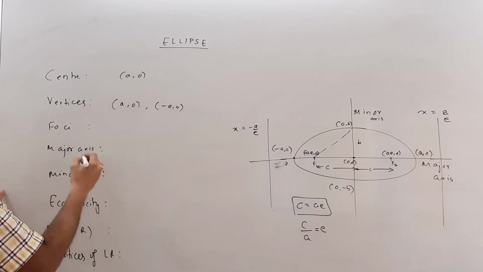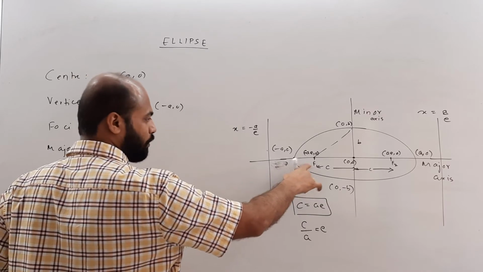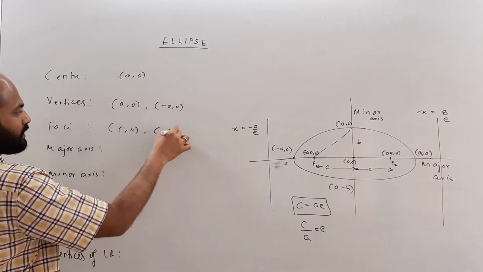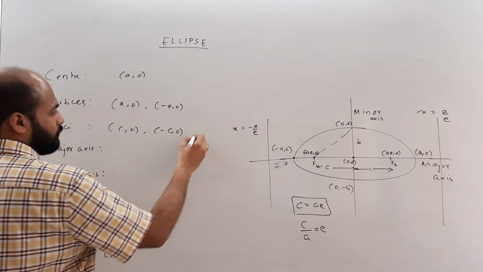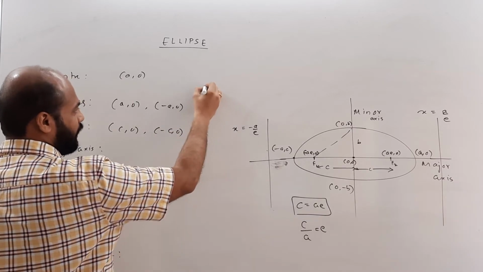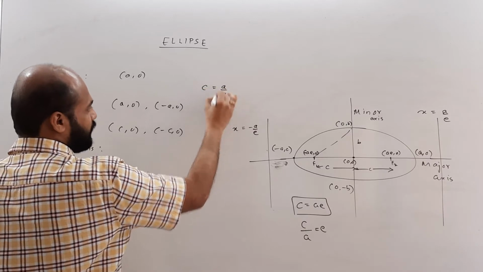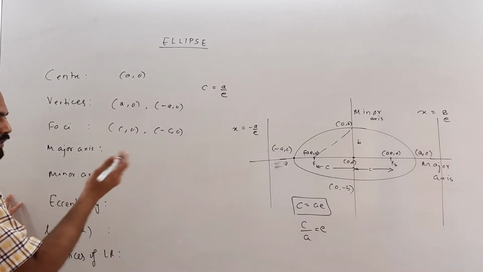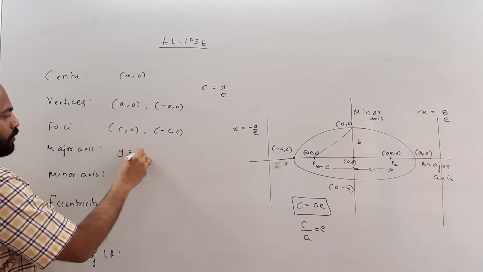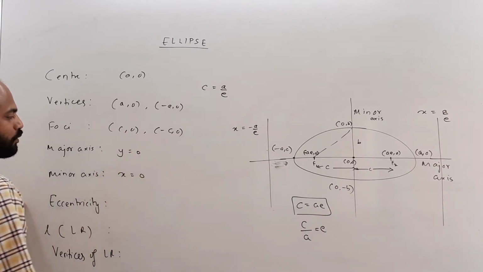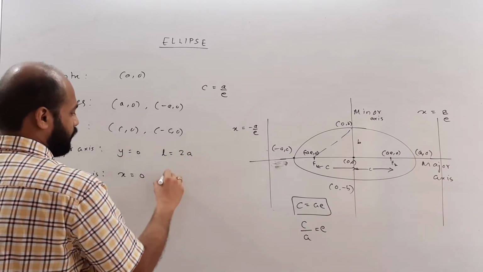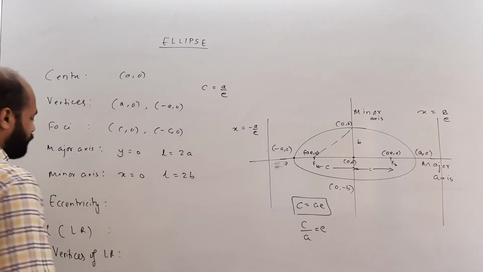Foci are going to be (minus c, 0) and (c, 0), where the relation between c and a is c equals ae, which we just proved. Major axis is y equals 0, minor axis is x equals 0. The length of major axis is 2a, length of minor axis is 2b.